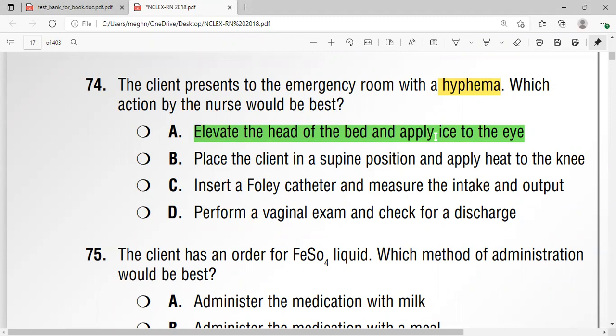The client should have the head of the bed elevated and also needs ice applied. Answers B, C, and D are incorrect and do not treat this problem.